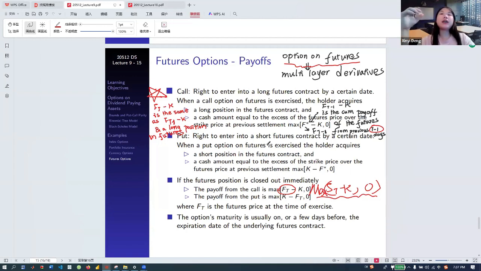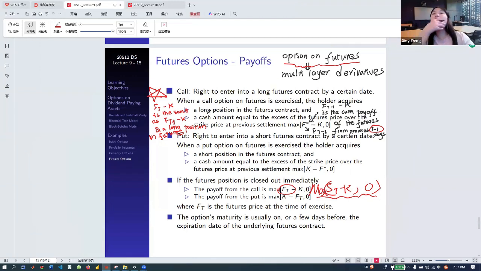Closing out immediately is cash settlement. For physical delivery on a call, the holder acquires a long position in the futures contract.